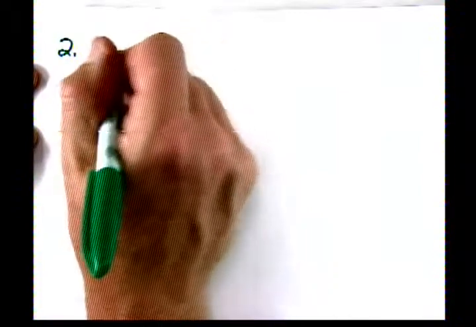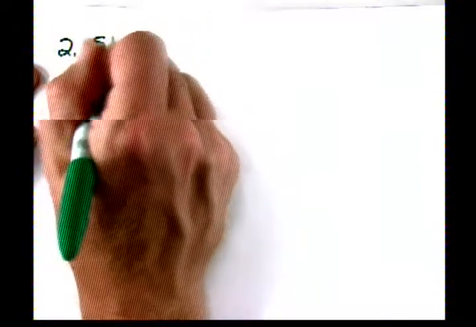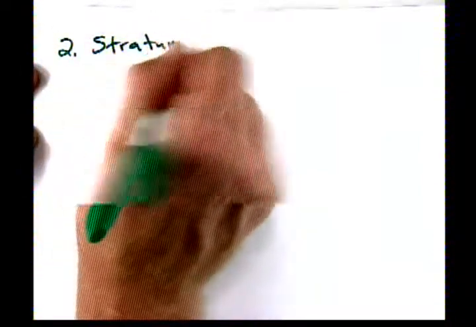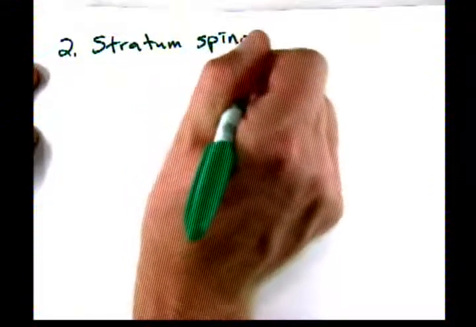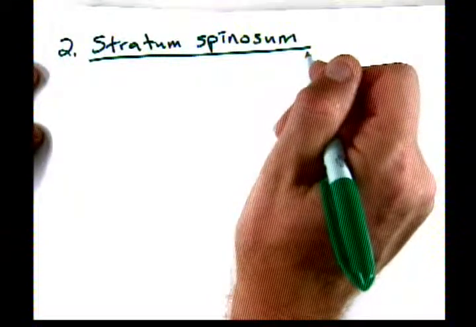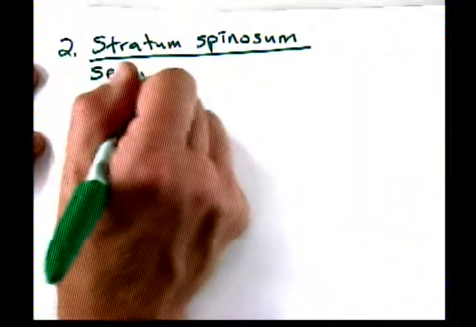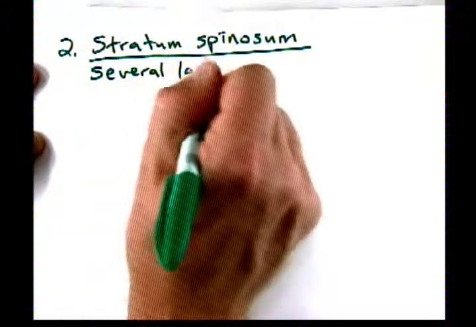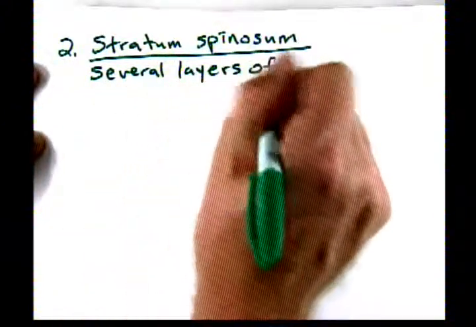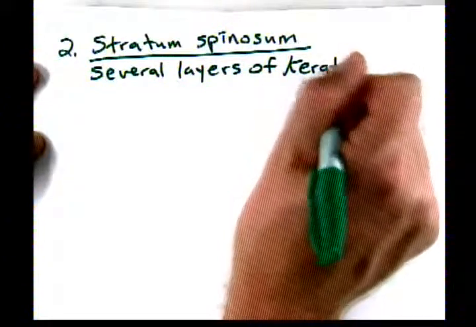Once we get past the basal layer, the next layer up, the next stratum, is what's referred to as the stratum spinosum. And the stratum spinosum is made up of several layers, and we'll end with this one today, of cells which we call keratinocytes.